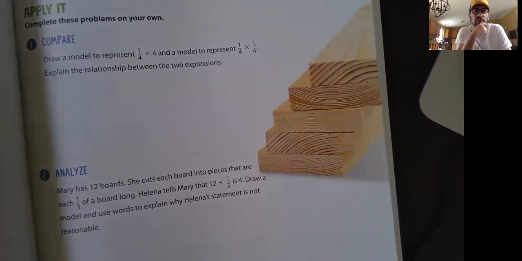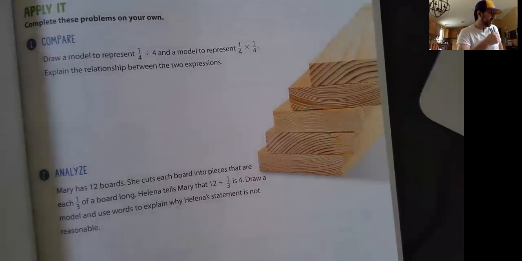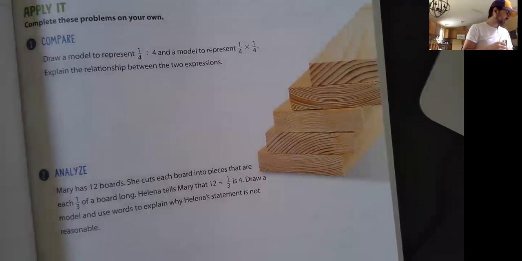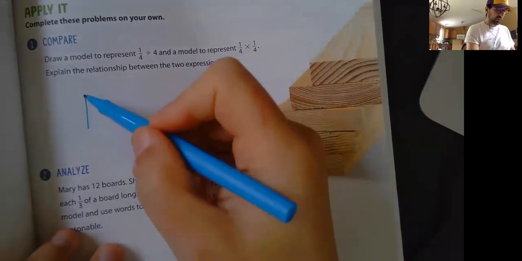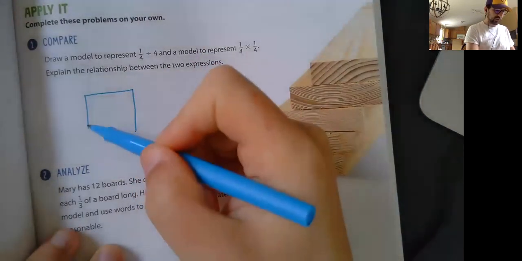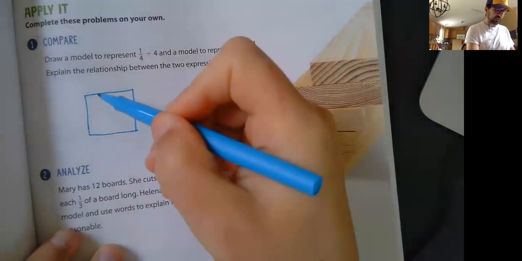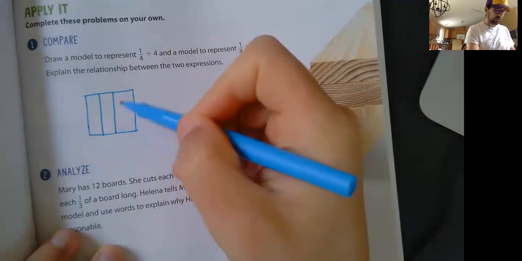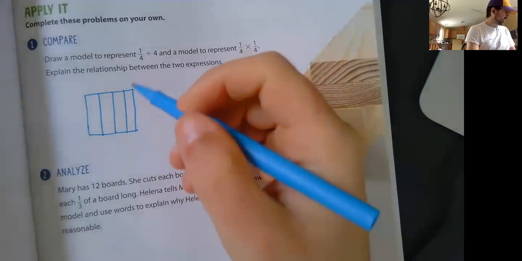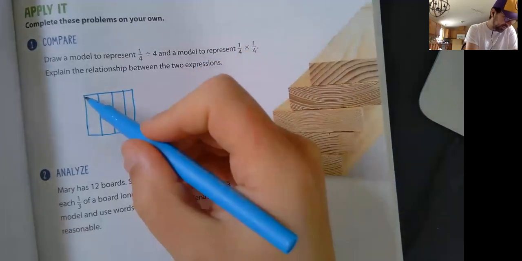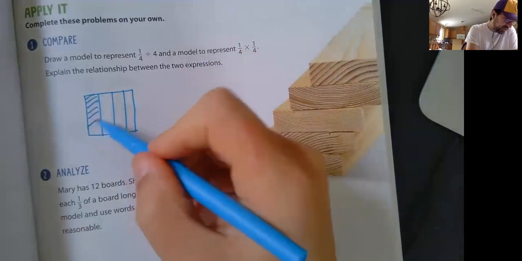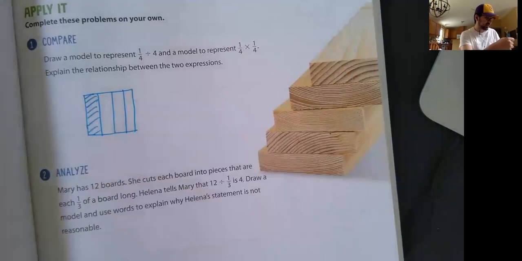It says draw a model that represents 1/4 divided by 4, and a model that represents 1/4 times 1/4. Explain the relationship between the two, okay? So again, we've already been doing some of these, but I know some of you are going to be confused by this. If this is my 1/4, that's 1/4 there, correct?